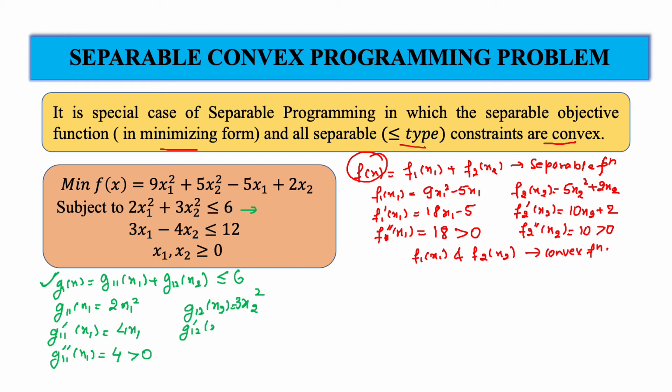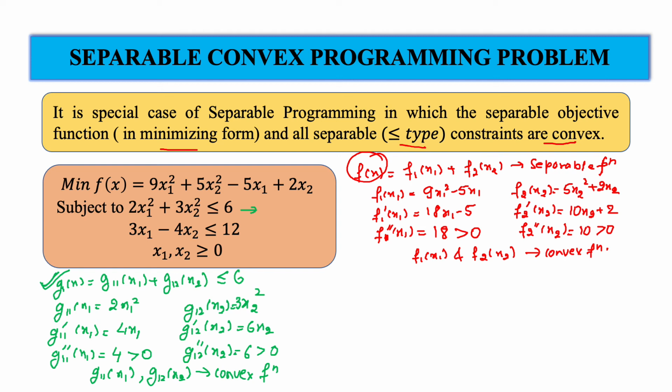Similarly, for g12 the first derivative is 6x2 and the double derivative is 6, which is also greater than 0, hence both the functions are convex functions, and the sum of two convex functions is a convex function, hence our g1 is also a convex function.